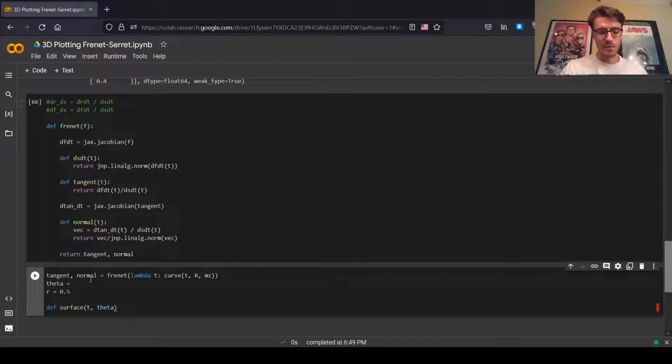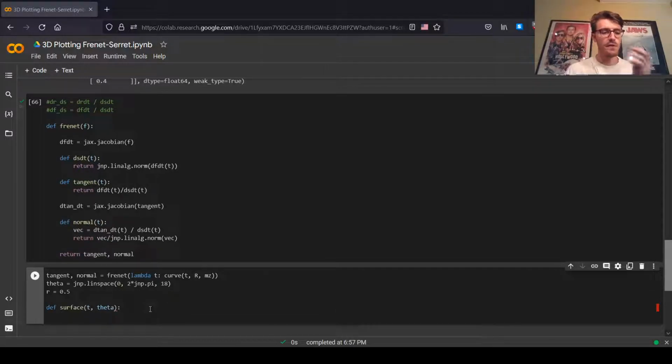Theta equals np.linspace, let's go 0, pi, 2, and then we'll do 18. Is that what we want? Okay, alright, so we have that now.